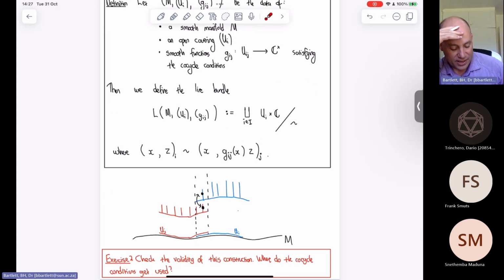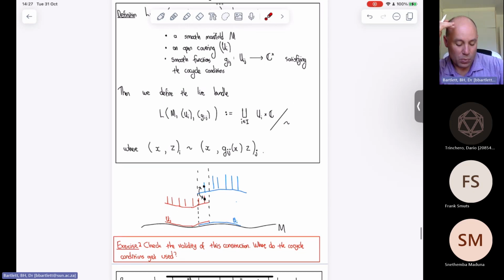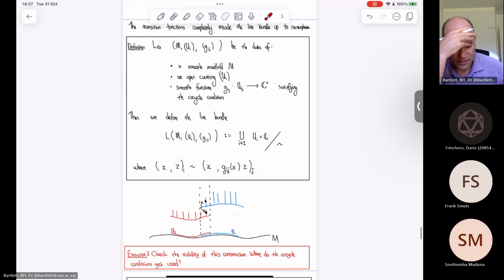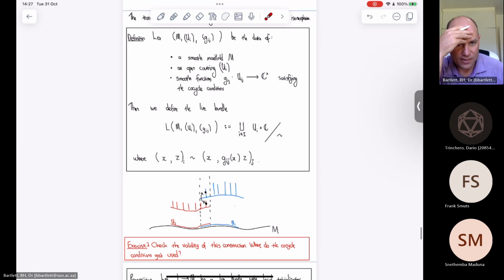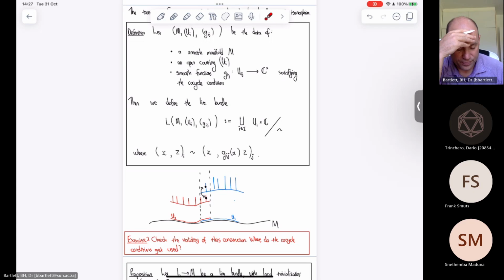So, for example, and maybe we can answer this question now, where do the cocycle conditions get used? Any comments? Could you perhaps show me the cocycle conditions again, please, Bruce? Sure.